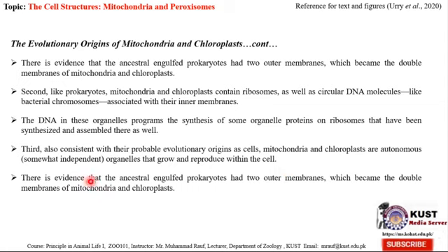There is evidence that the ancestral engulfed prokaryotes had two outer membranes which became the double membrane of mitochondria and chloroplast. So it's the repetition of the first point, and I've already explained it with a diagram.